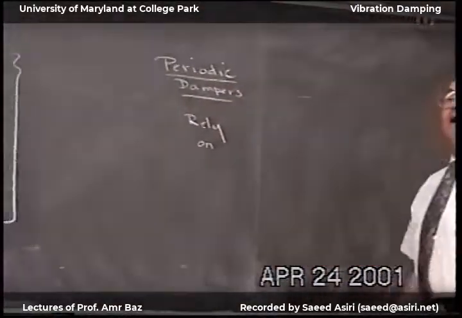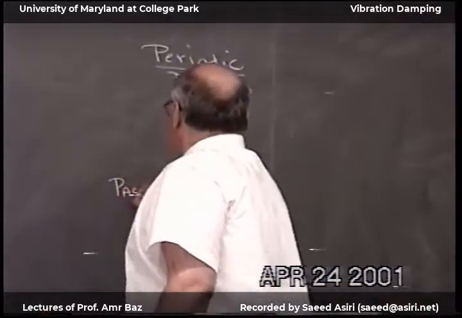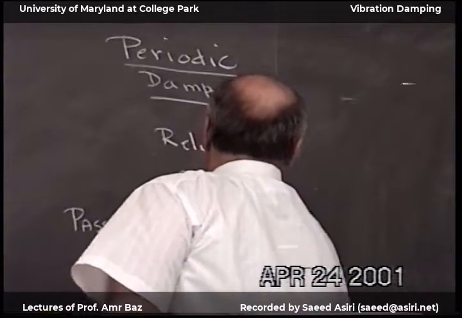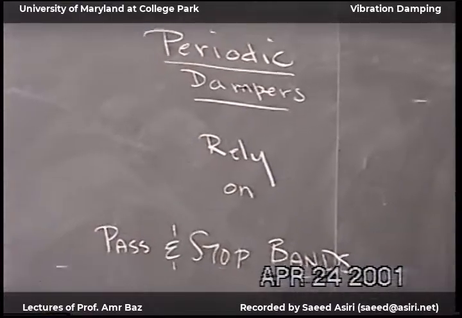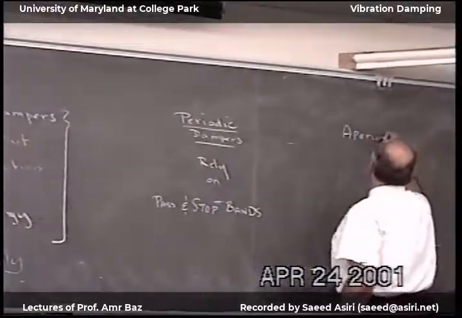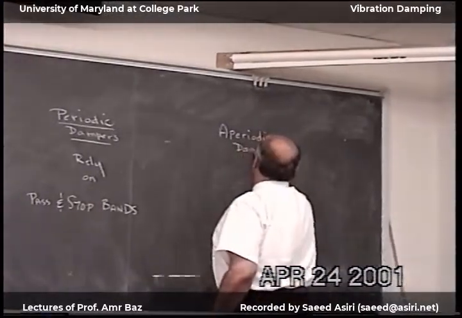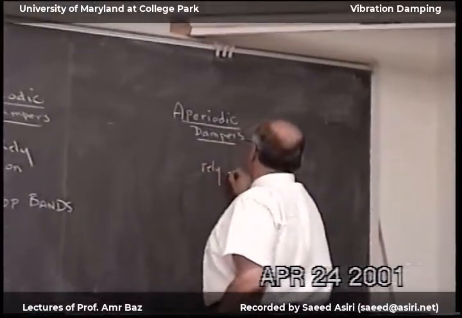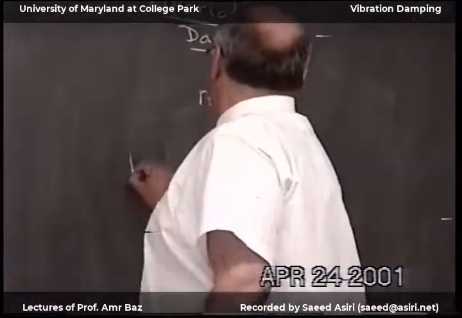We'll say here, rely on a very important phenomenon called pass and stop bands. The aperiodic structures or aperiodic dampers rely on a very important phenomenon called localization.